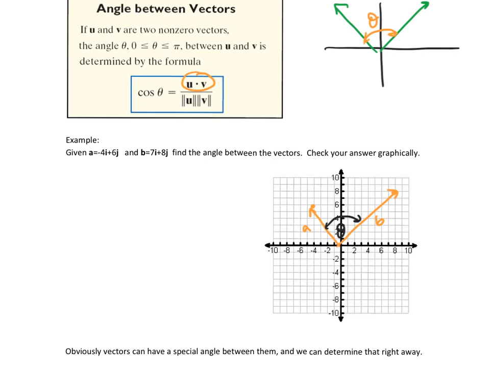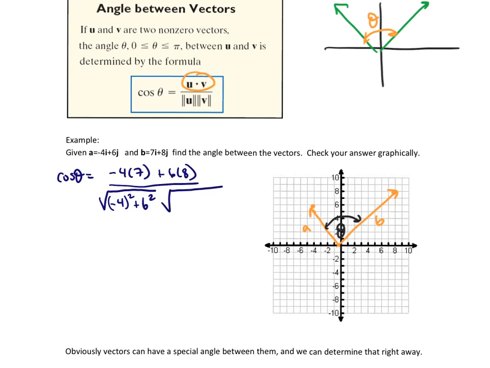So if we use the formula, it says the cosine of this angle between the vectors is first equal to the dot product. Now we did this dot product on the other page, but we can do it again. It's negative 4 times 7 plus 6 times 8. And on the bottom, we're going to do the magnitudes of each vector. So for A, it's the square root of negative 4 squared plus 6 squared. This is the one we did on the previous page.